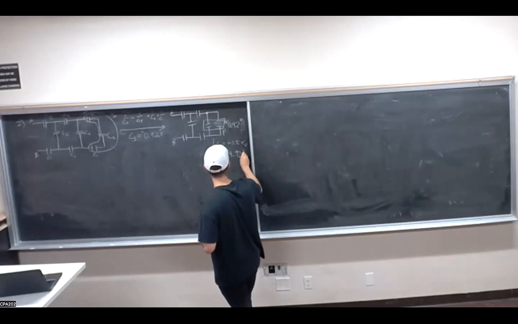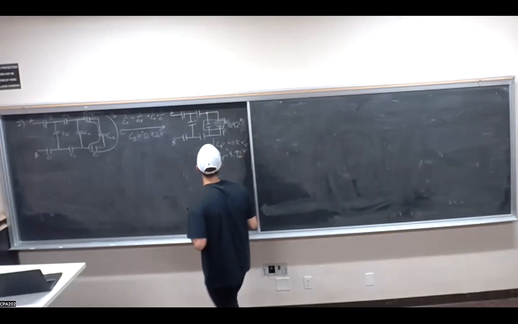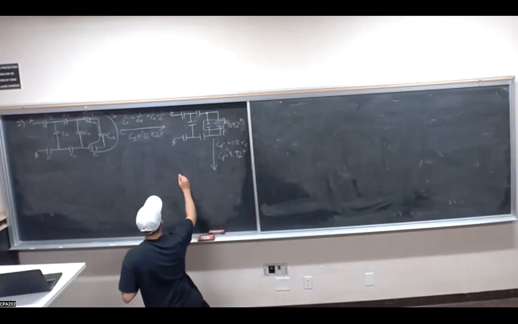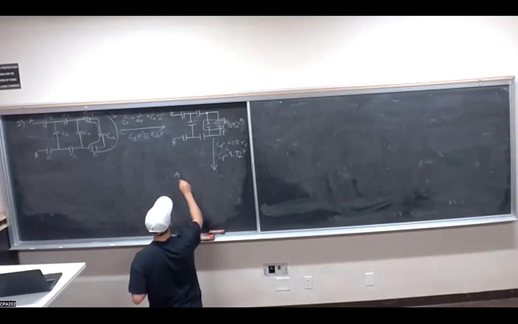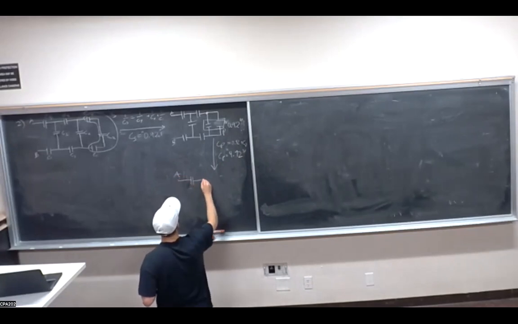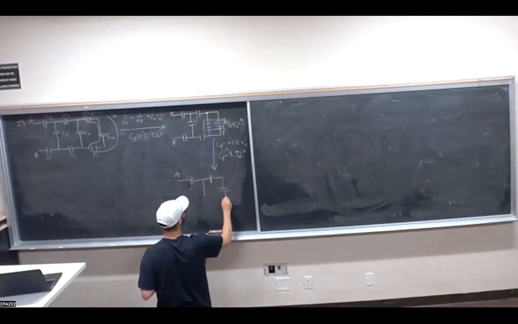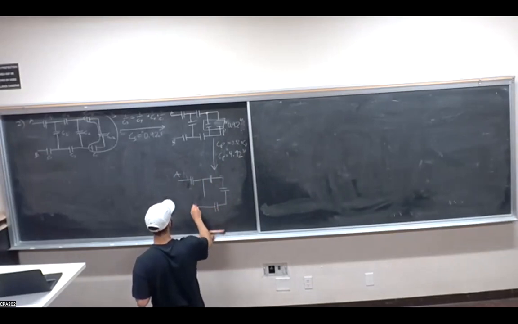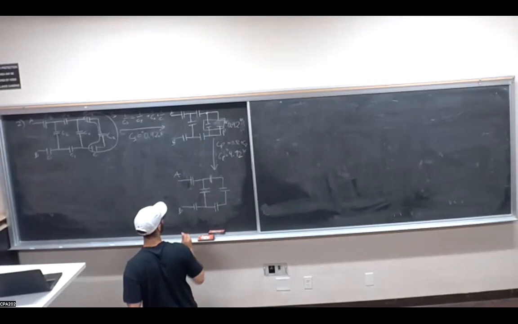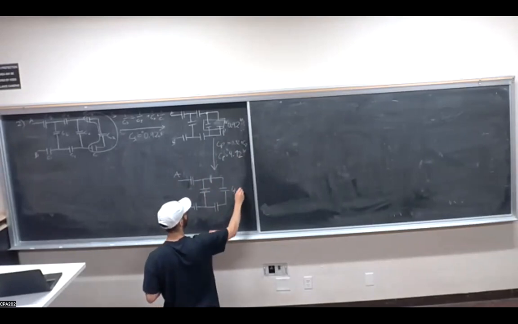I'm going to put that again in quotes because it's kind of imaginary in that respect. So now I have A here, the capacitor, and then B, capacitor, like that. Where this is 4.92.